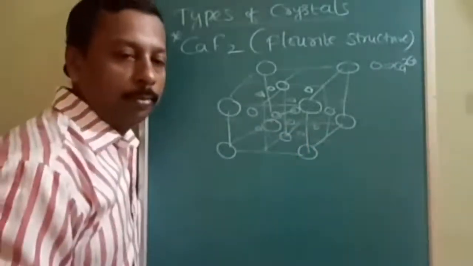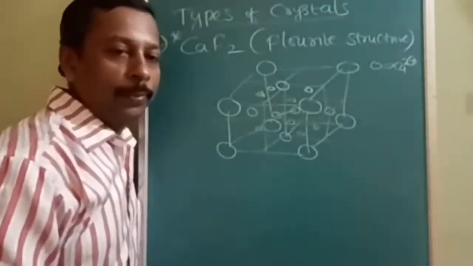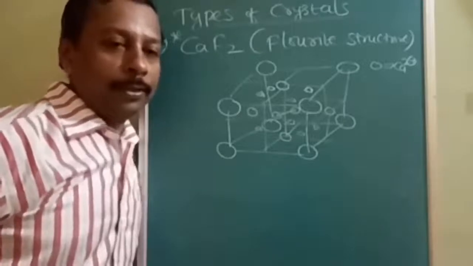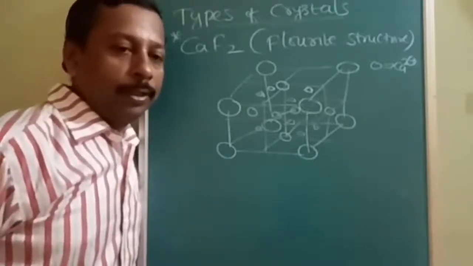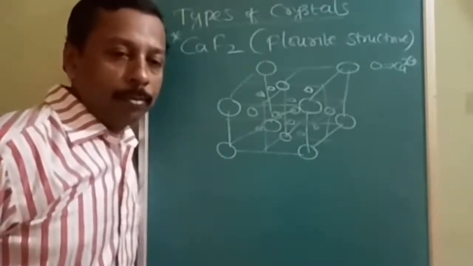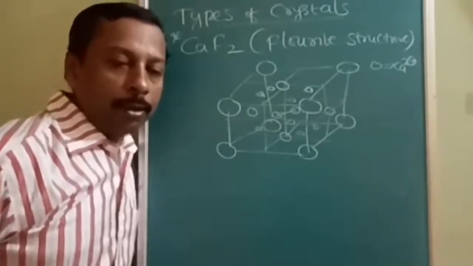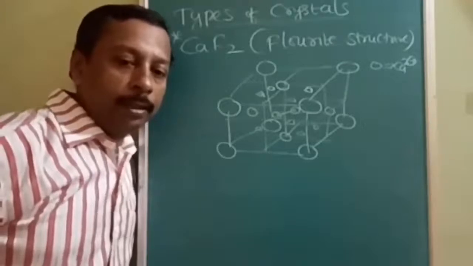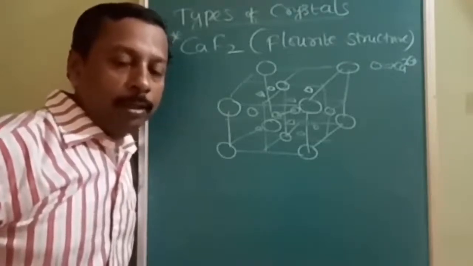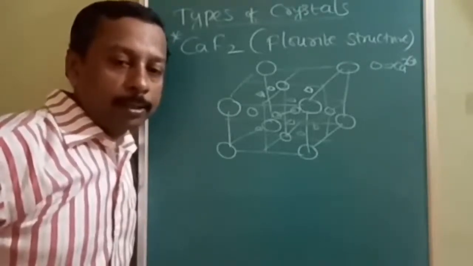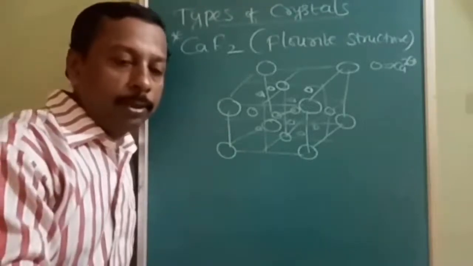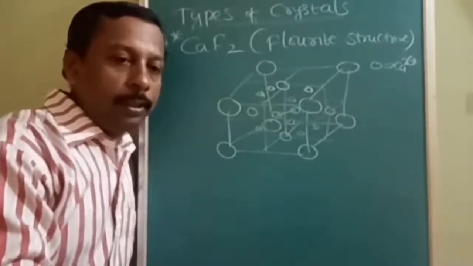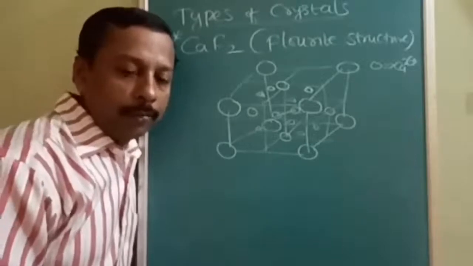So every place is now occupied by F minus. All minor body centers will be occupied by F minus. All FCC lattice will be occupied by calcium plus. Is it understood? Any doubt about this? So fluoride structure we have completed.